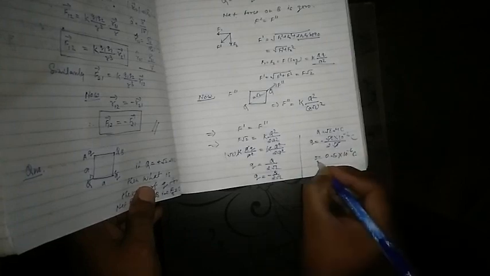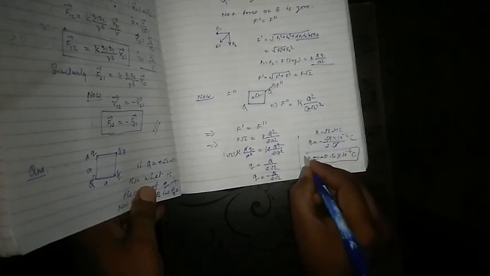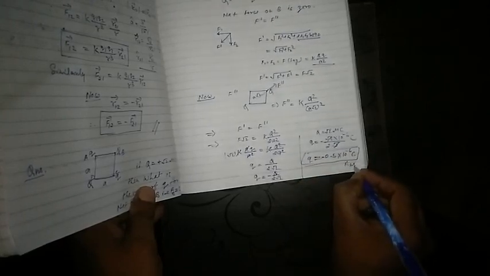Root 2 cancels out. 1 by 2 is 0.5. So 0.5 times 10 to the power minus 6 coulomb. What is the nature of this charge? Negative, so the minus sign should be here. This is the answer. Thank you.